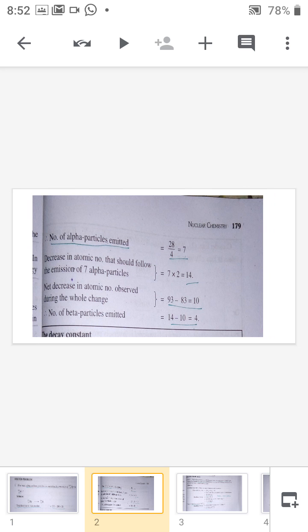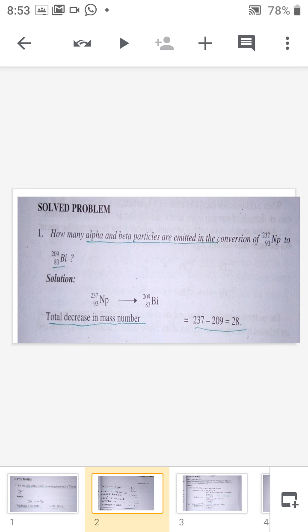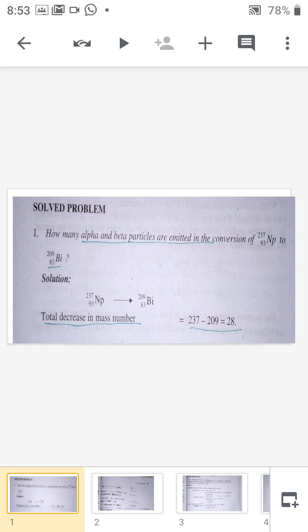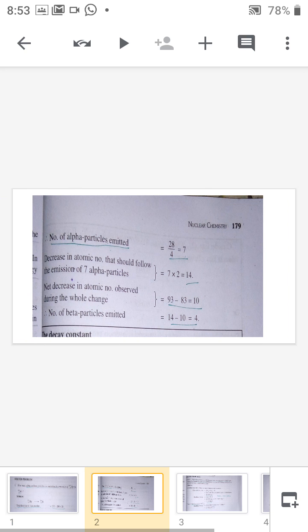If 7 alpha particles are emitted, the total decrease in atomic number must be 7 into 2, that is 14. The actual difference between the atomic numbers is 93 minus 83, that is only 10.